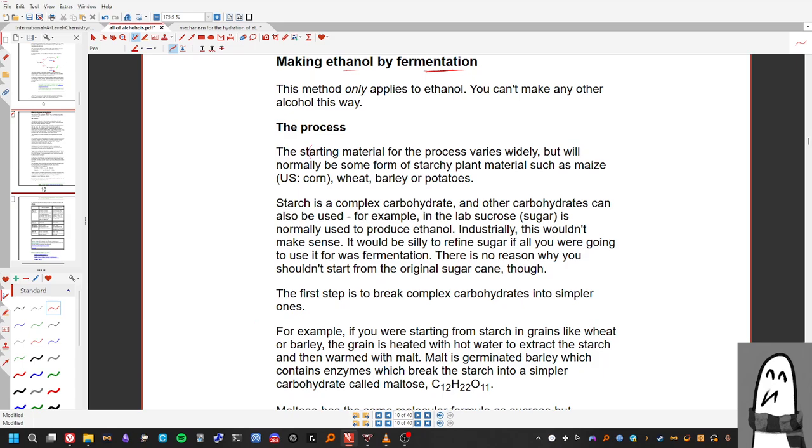You start with a starting material that can vary widely, but will normally be some kind of starch, plant material such as maize or corn, wheat, barley, potatoes. So it contains starch, or your carbohydrate. Starch is a complex carbohydrate, and other carbohydrates can be used, such as lab sucrose.